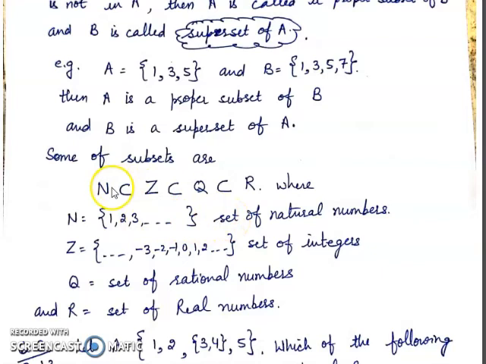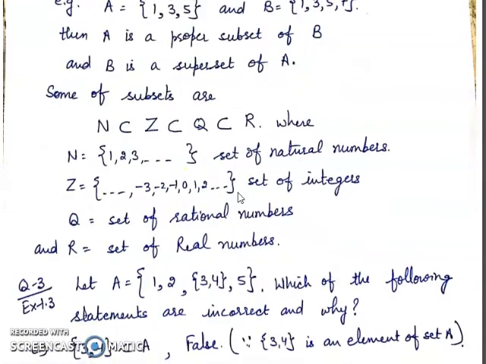The set of natural numbers is a subset of the set of integers Z. And the set of integers is a subset of the rationals, denoted by Q. And the set of rationals is a subset of the real numbers, denoted by R, because real numbers consist of all the rational as well as irrational numbers. And all these are proper subsets.